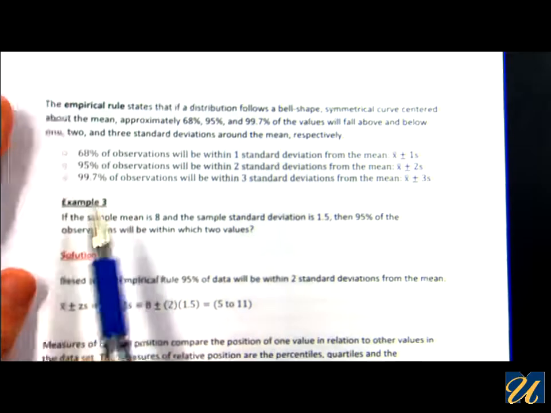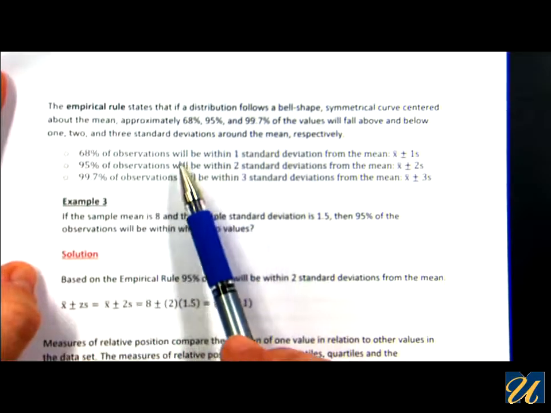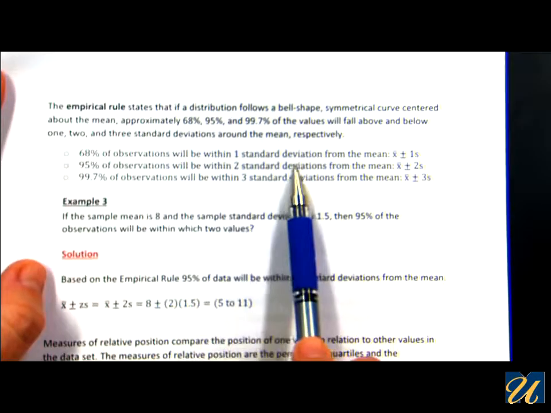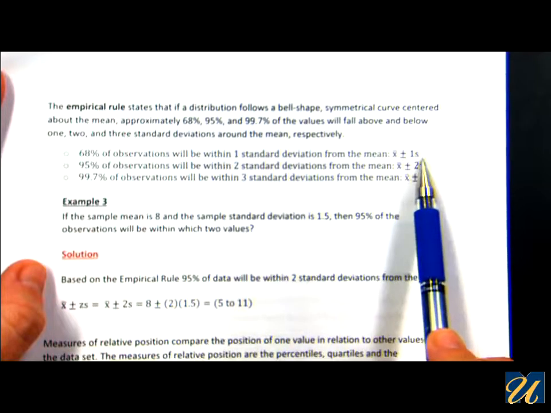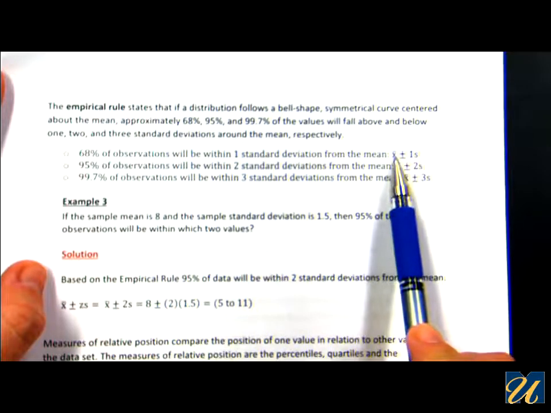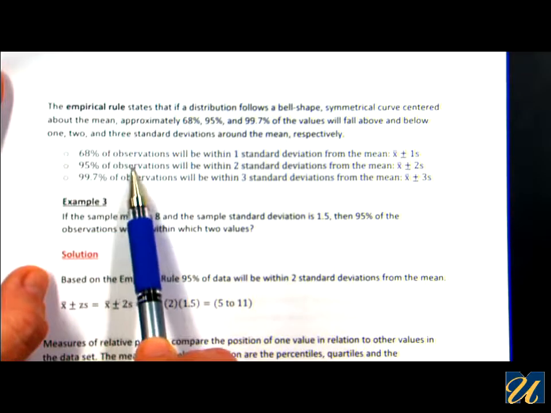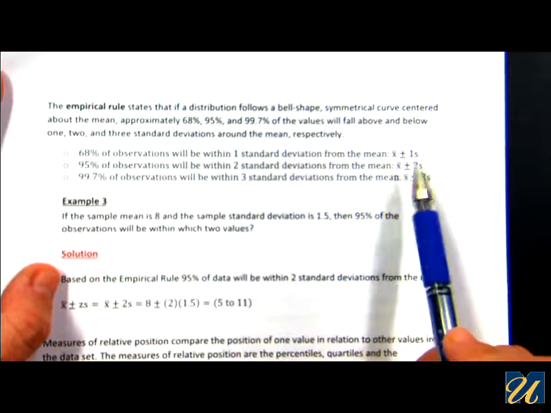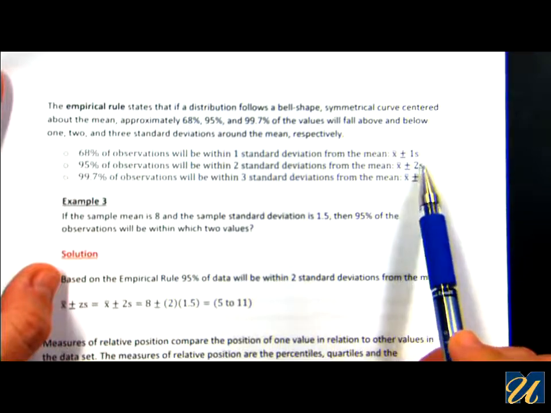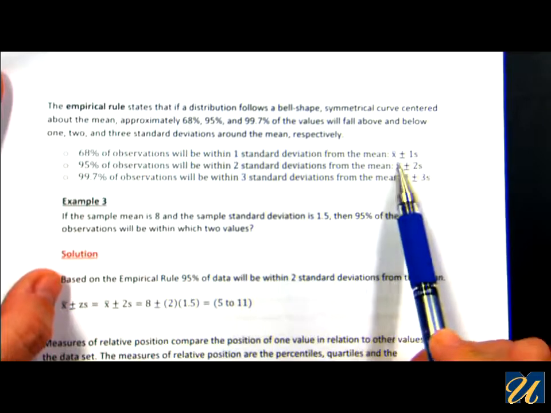which means if you want to see between which 2 points 68% of the observations fall, then all you need to do is add and subtract 1 standard deviation from your average. If you want to know 95% of the observations between which 2 values they fall, all you need to do is add and then subtract 2 standard deviations from your average.